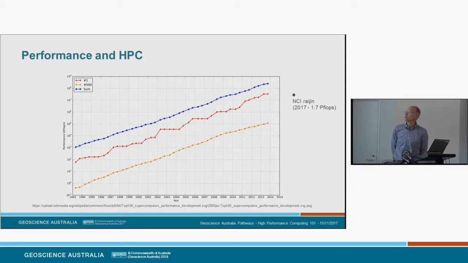And NCI, this is a slightly old graph. I couldn't get a newer one. The NCI in 2017, so the National Computational Infrastructure here in Canberra, is sitting about 1.7 petaflops. And so here we have the line for number 1. It extends up, and we're sitting around number 70 in the world with that facility. But it's just continuously improving.